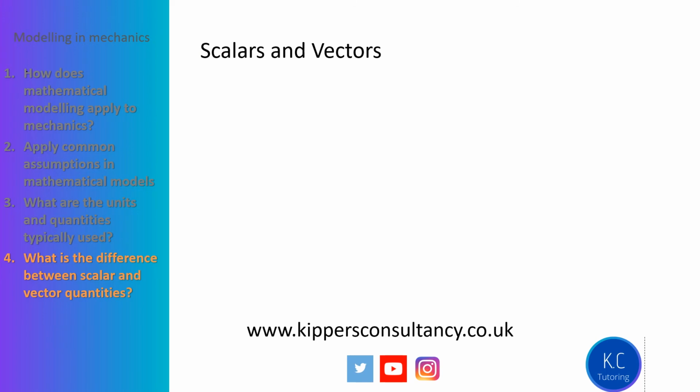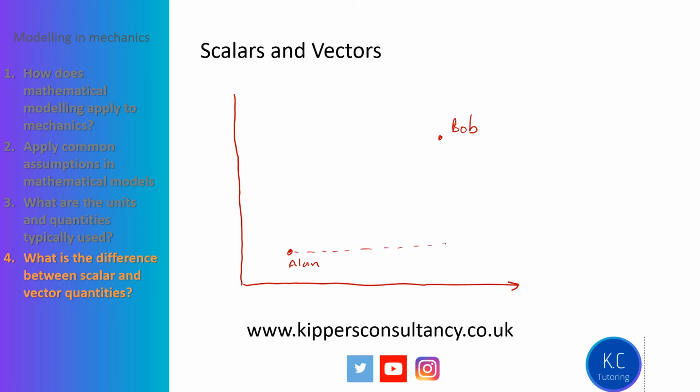Let's now finish off the topic by looking at the differences between scalar and vector quantities. I'm going to start this by drawing a grid. And I'm going to say that Alan stands here and Bob stands here. Now, this distance here is 4 meters, and this distance here is 3 meters.